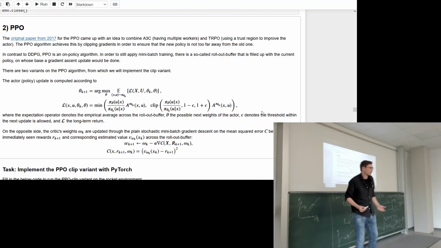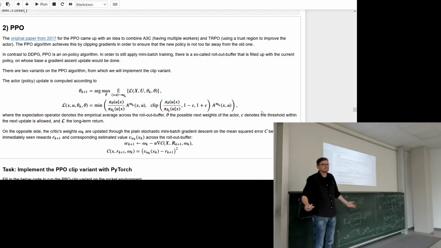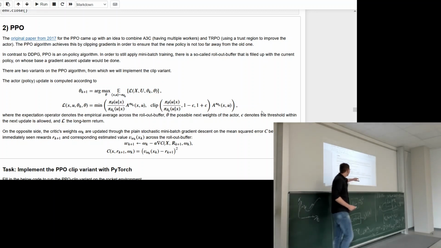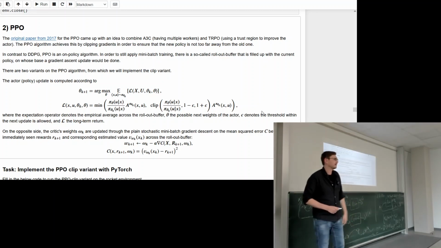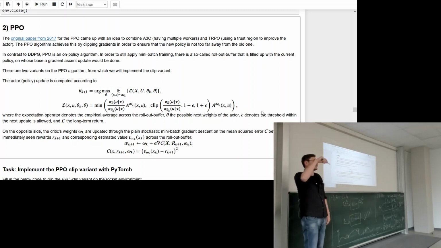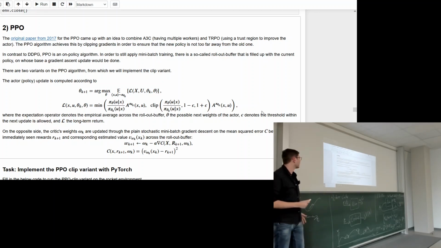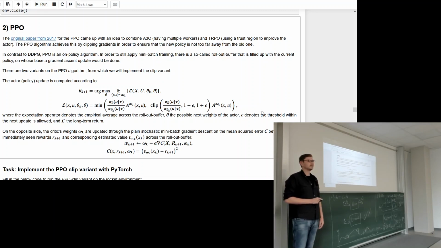So is it better or worse than DDPG? Nobody knows. Of course, the idea is good to have the updates clipped in that way, such that we are only taking small steps, so that we are seeing whether we are improving or not before actually taking all of these steps. But on the other hand, you must also consider that you would need more steps to go the same distance, right?